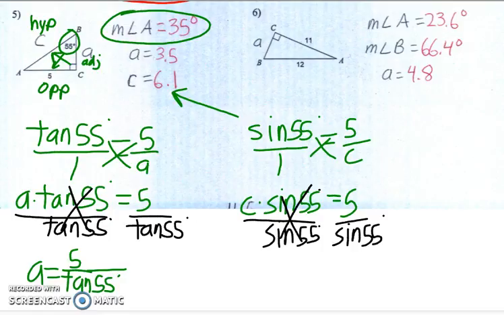That crosses out, so we know that our C equals 5 divided by sine of 55 degrees. Go ahead and put that into your calculator, and you'll end up getting 6.1.